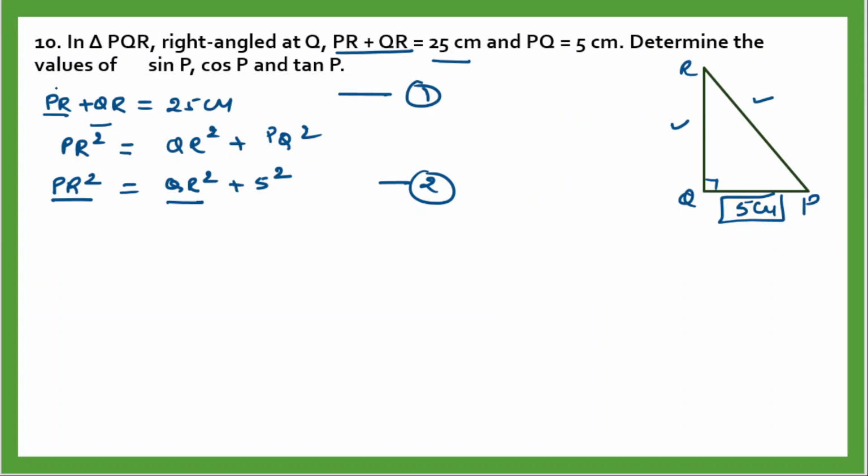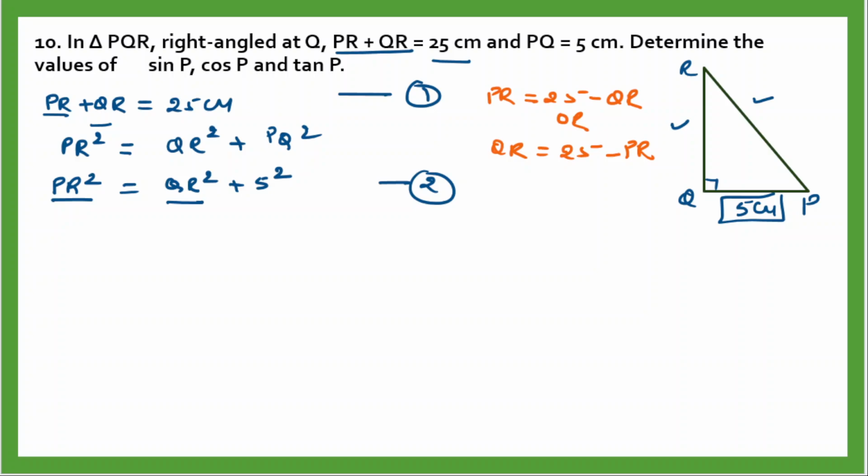So you can reduce PR in the form of QR or you can reduce QR in the form of PR. How? You can write PR is equal to 25 minus QR or you can write QR is equal to 25 minus PR. And you can substitute any of these values here.